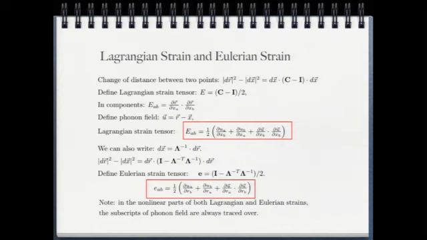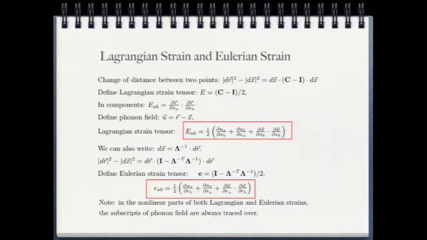It's important to notice that in the nonlinear part, the index of the u field is always traced over. This is because when we're constructing this nonlinear strain tensor, vector R dot vector R is always an inner product. So we can express the change of distance in terms of this strain tensor.